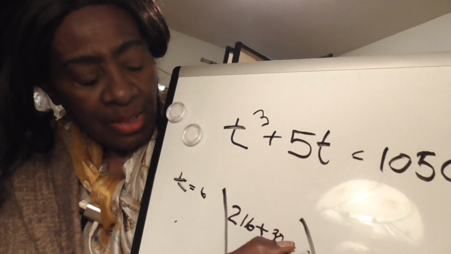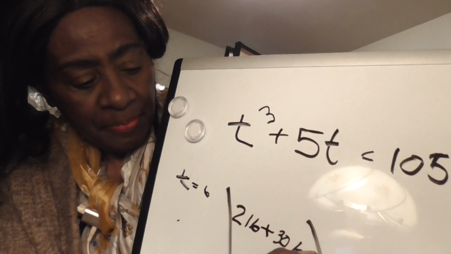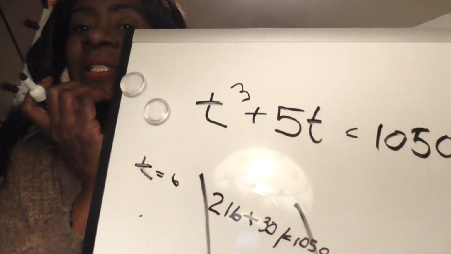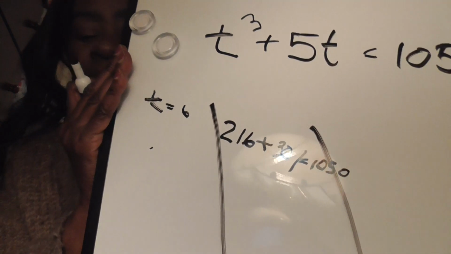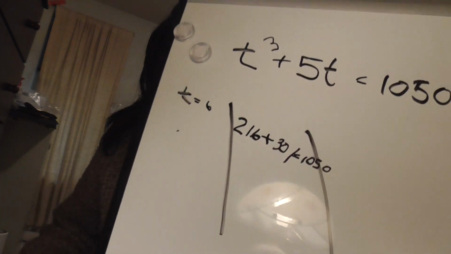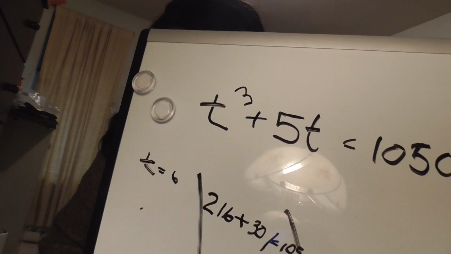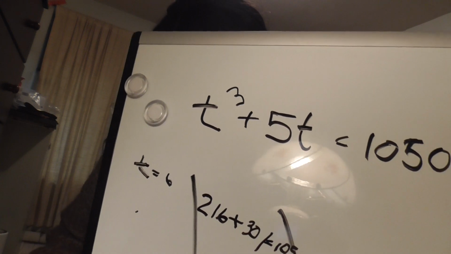What does that equal? That does not equal 1050. 216 plus 30 does not equal 1050. So whatever is equal to 1050 will give us the value of t.